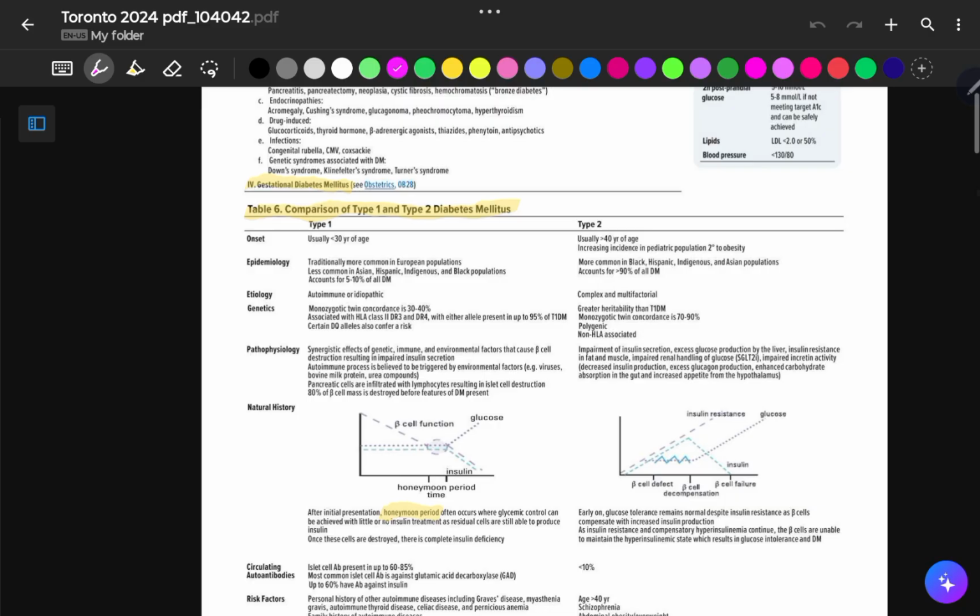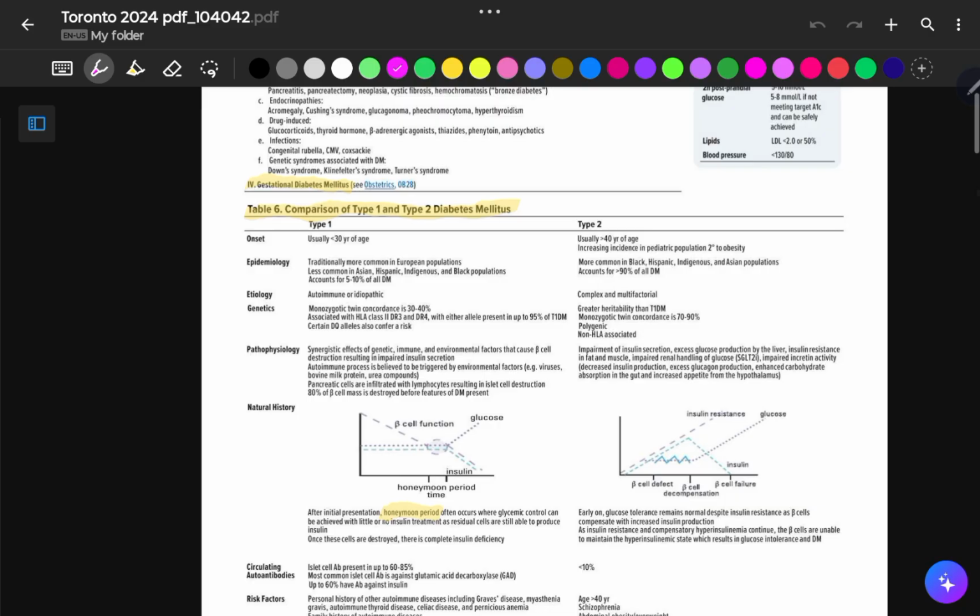Genetic, let's say monozygotic twin concordance. So pathophysiology: we talk about synergistic effects of genetics, immune, or environmental factors that cause beta cell disruption, resulting in impaired insulin secretion. The autoimmune process is believed to be triggered by environmental factors, let's say viruses, bovine milk protein, urea compounds.